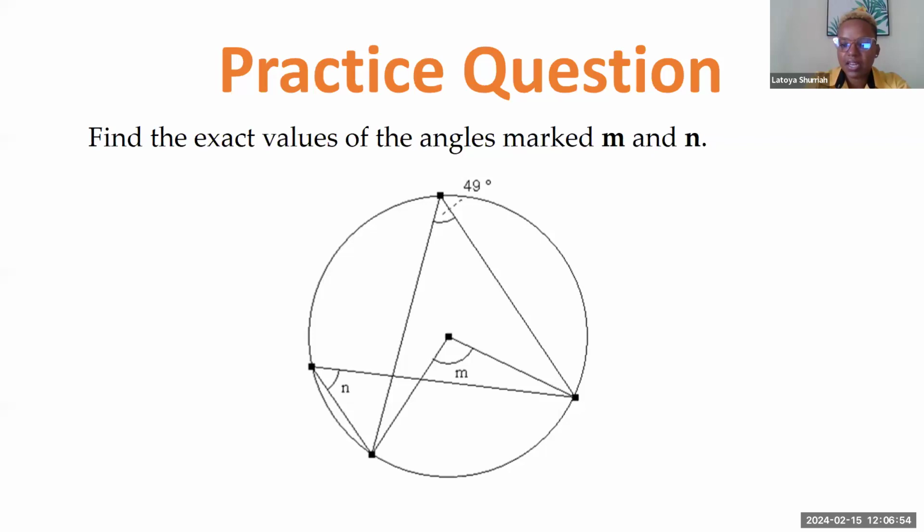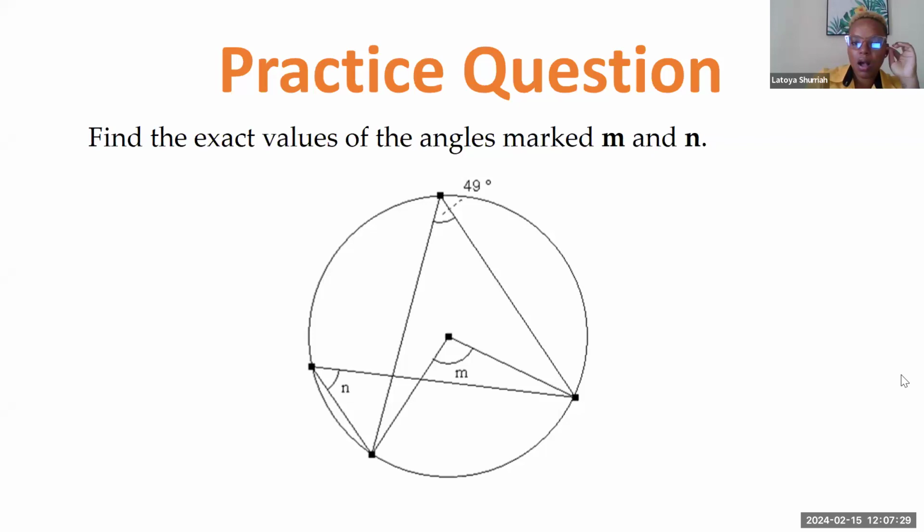I'm seeing 98 degrees for M, and I'm seeing 49 degrees for the angle identified as N, as in no. And I'm seeing some explanations, which is good. Really nice. We'll have some more time to practice this theory.